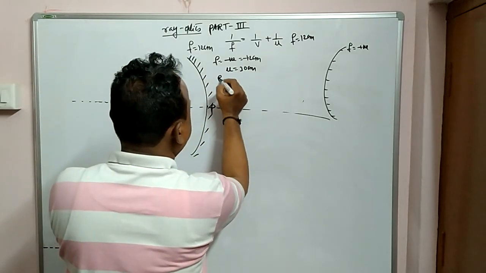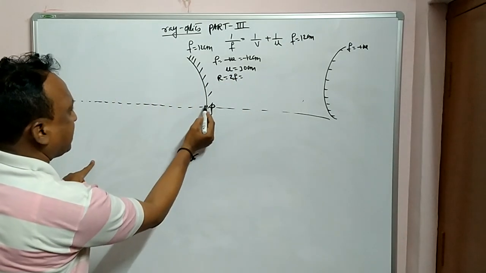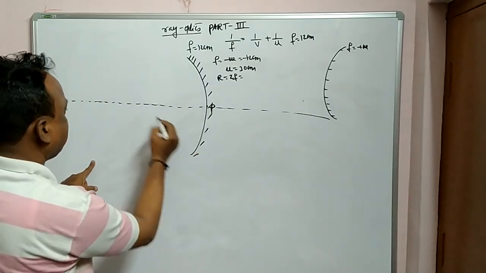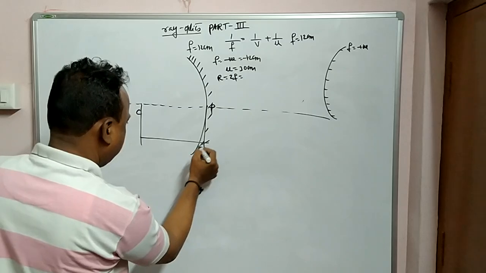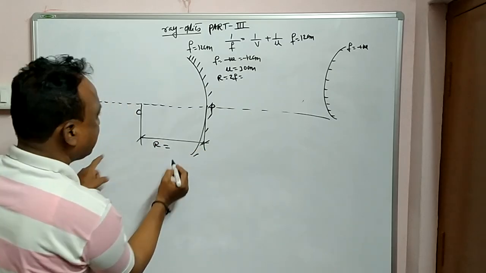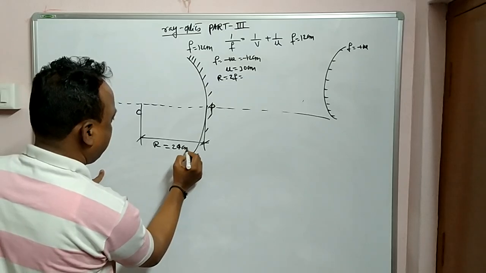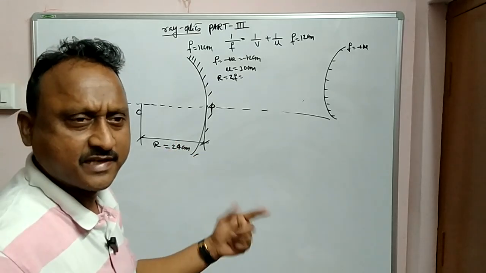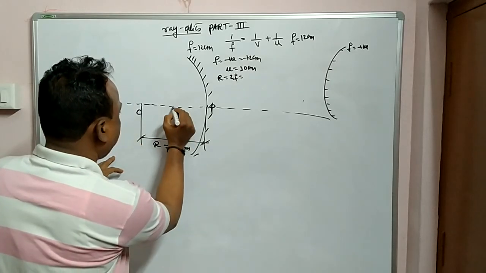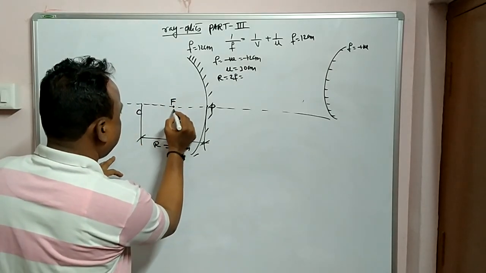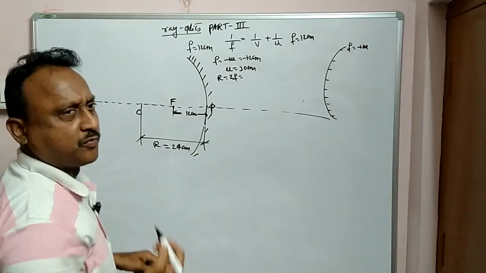R is equal to 2f, two times the focal length, that is the center of curvature. For example, with focal length 12, R is 24 cm. R is also negative in this case, as I told you in part 2. All are measured from the pole.